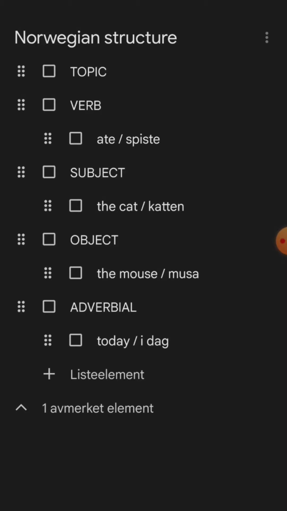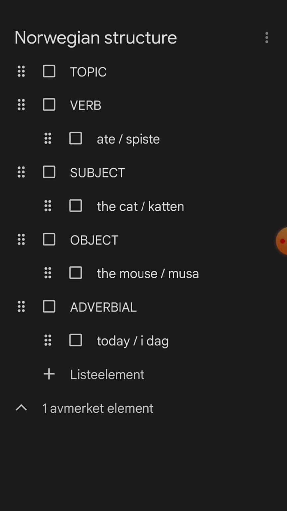Now, there might be words before the subject and the verb that aren't actually the topic. That's usually conjunctions and interjections that don't really add to the logical meaning of the sentence directly.